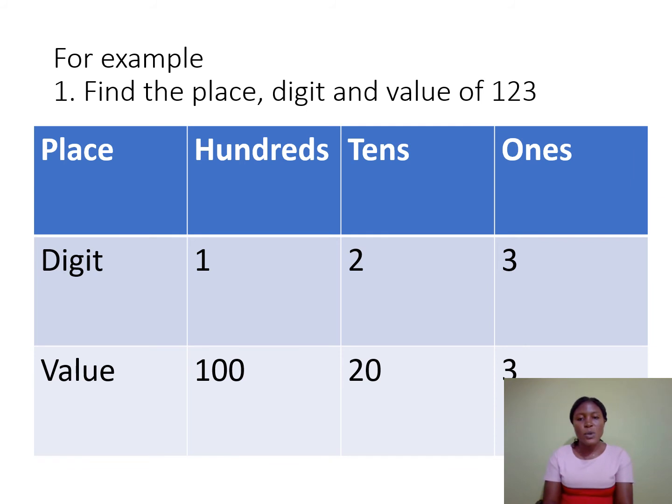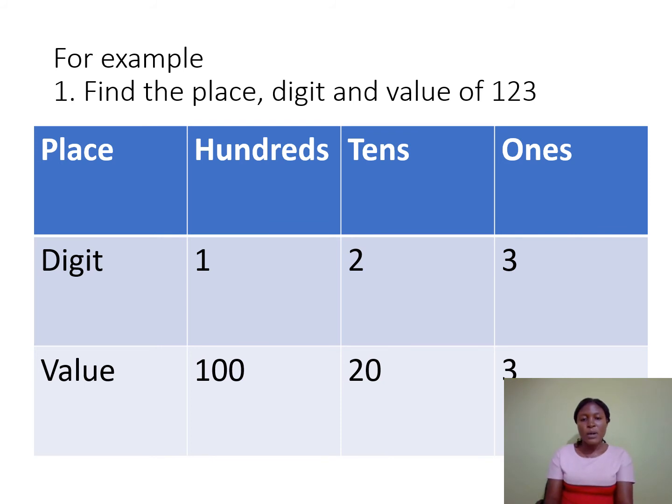With the place we have the writings of hundreds, tens, and ones arranged in an orderly form. This shows that hundreds, tens, ones in words are known as the place of a number.